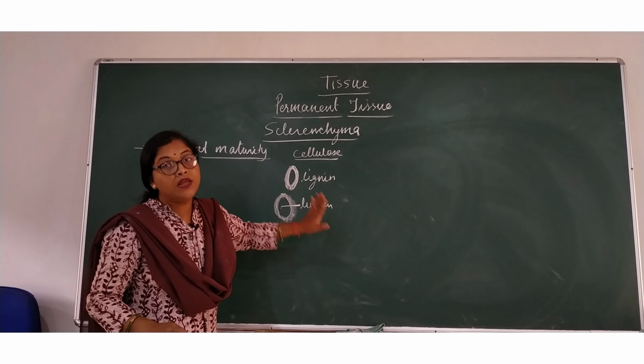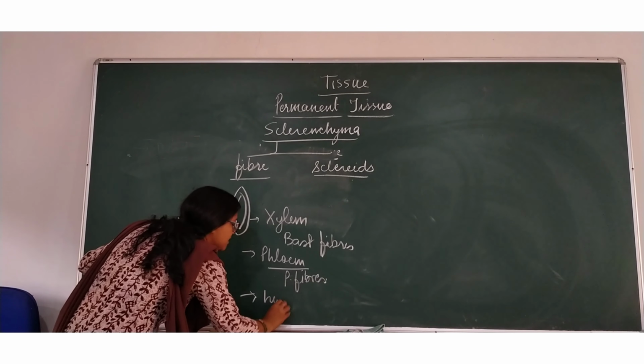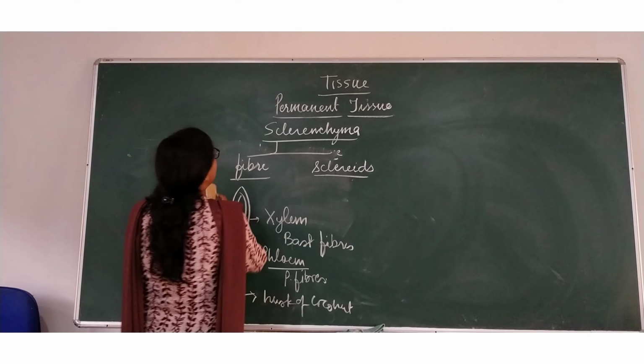Everyone must have seen the external part of the coconut: when you remove the upper skin of the coconut, inside you get a fiber-like structure called husk. Mostly they provide mechanical support. Collenchyma was also providing mechanical support, and sclerenchyma also provides mechanical support.